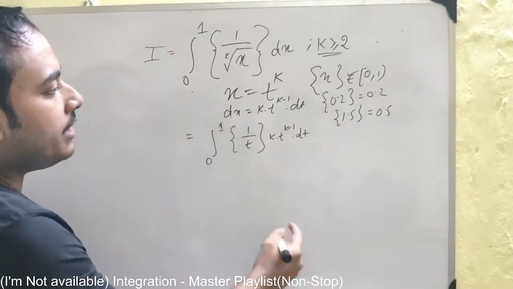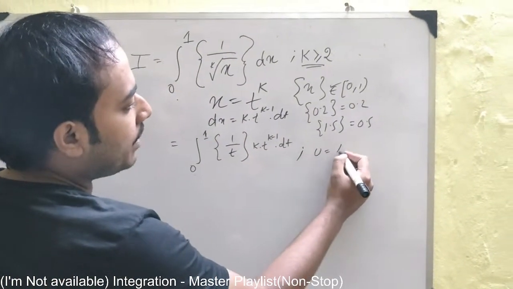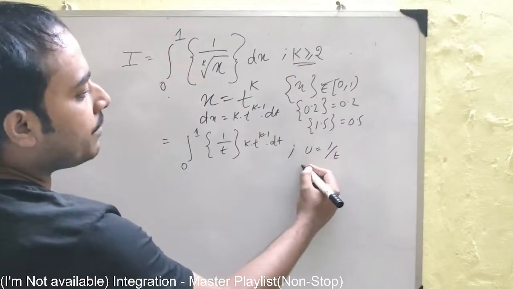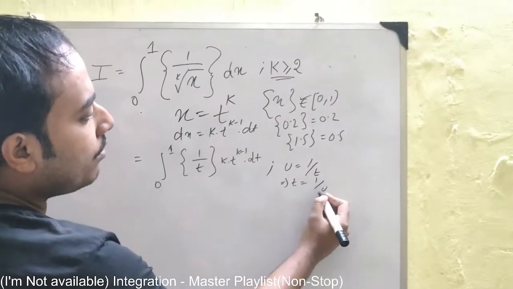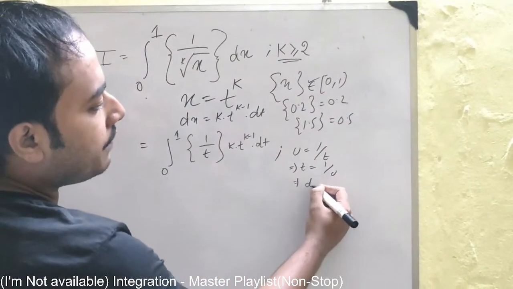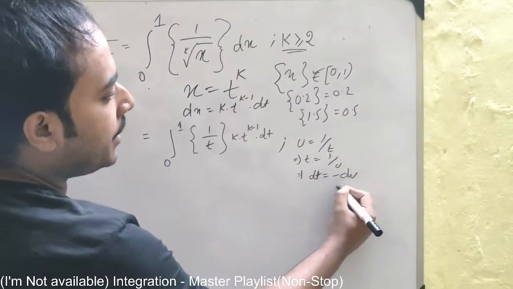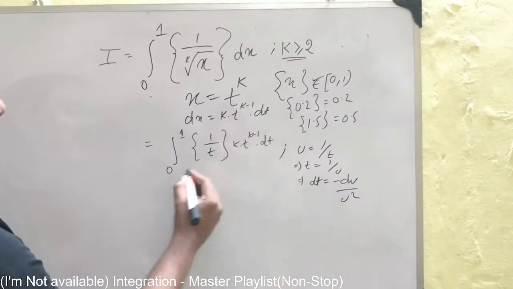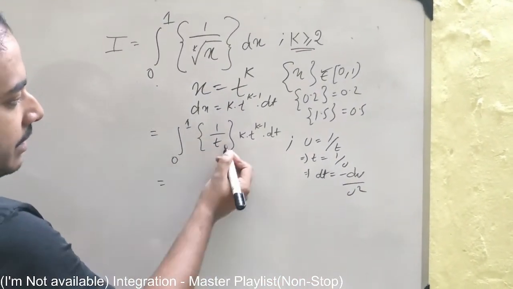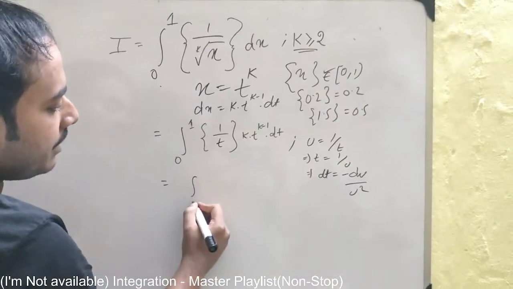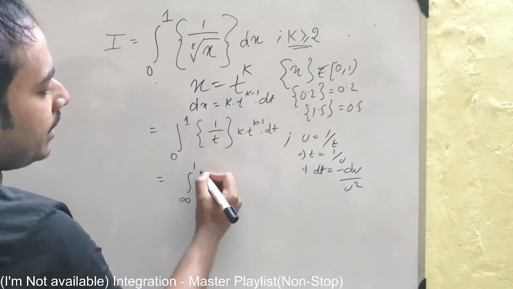Now we make the substitution u equals 1 by t. So this would mean that t equals 1 by u, and then if you differentiate both sides, it will give you dt equals minus du by u square. Notice the limits. For t equals 0, u is infinity, and for t equals 1, u is 1.